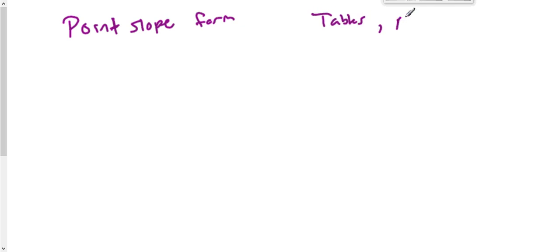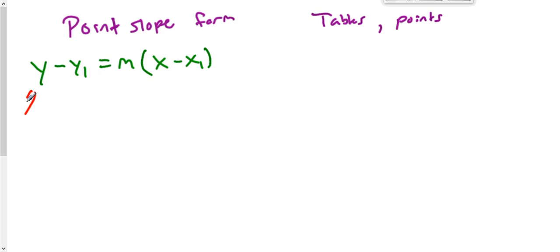The second form is the point slope form. Point slope form is very useful for helping us build an equation from tables and points. This one we want to use for tables and points. Point slope form was y minus y1 equals m, then in parentheses x minus x1.